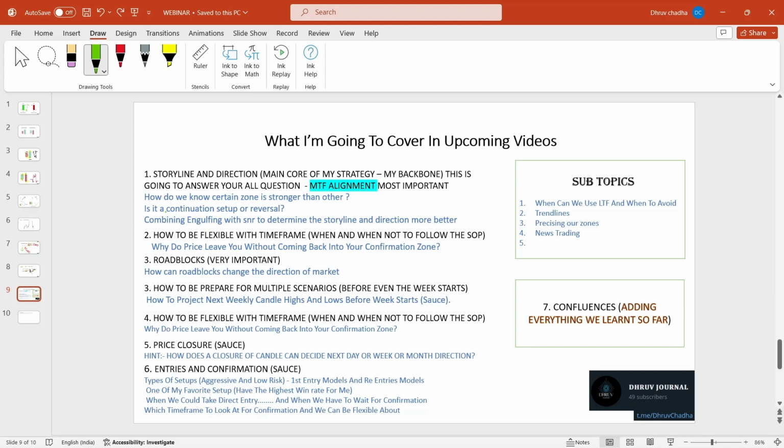Before entering a trade, you will know whether it's a continuation setup or a reversal setup. And also, I will be talking about how to combine engulfing with the SNR to determine the storyline and direction better. I'm very sure that once you watch this video, all the confusion about direction and storyline will be solved.